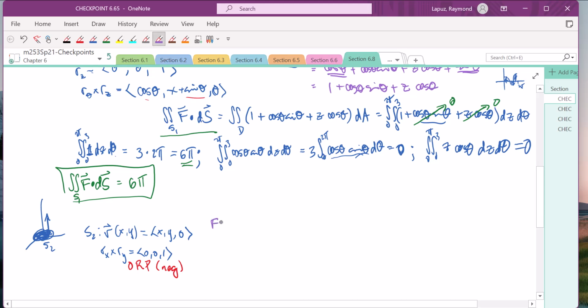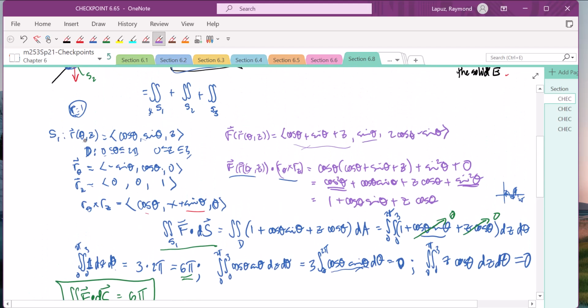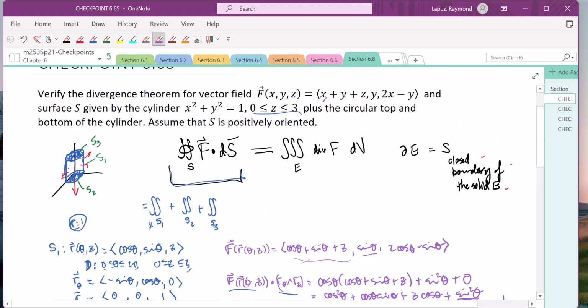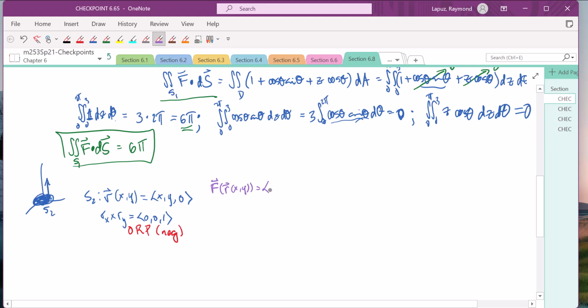Let's see, f of r of x, y in this case. We had r, theta before because those were the variables in our parameterization. This time we have x and y. And this is our vector field. So x plus y plus z is equal to 0 here, so that's going to be 0. And then the second component is y, and the third component is 2x minus y.